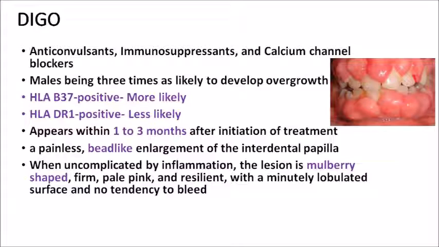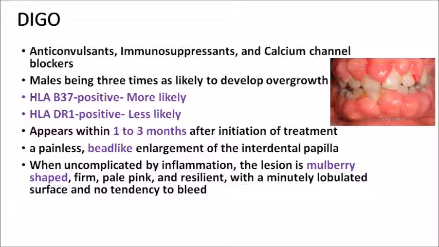Similarly, HLA-DR1 positive individuals are less likely to get DIGO. So HLA-B37 positive means more likely, HLA-DR1 positive means less likely to get enlargement. After we start this drug therapy, the enlargement appears within 1 to 3 months of starting of the treatment.